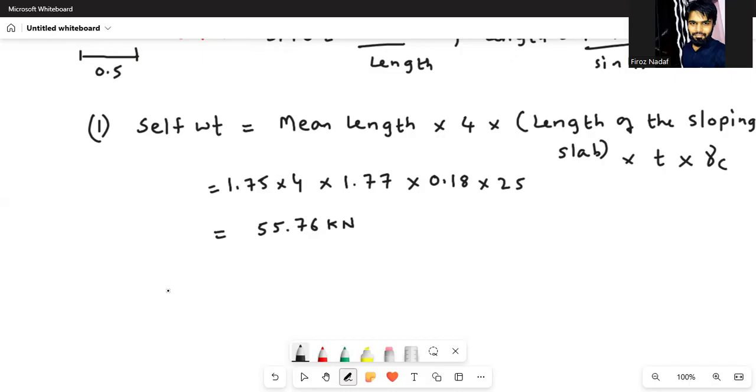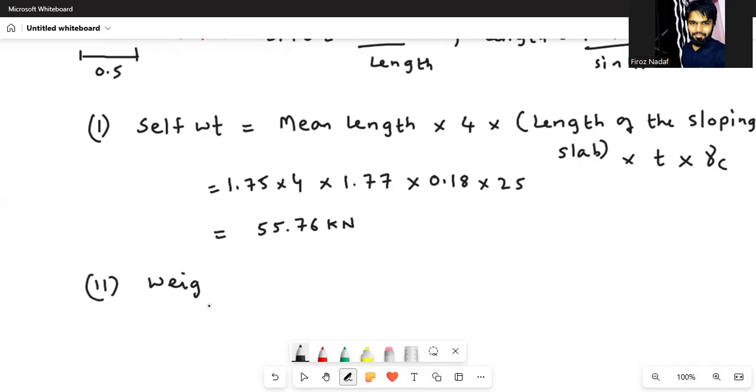The total weight that is coming on the slab, you need to consider the weight of the coal in the bunker. What is the weight of the coal in the bunker? Okay. The second is the weight of the coal. What is the weight of the material that is stored in the bunker? That weight also has to be taken when you're designing the sloping slab.